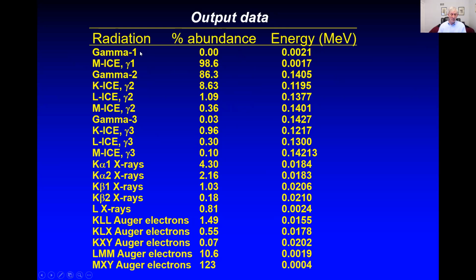We have gamma 1 and an internal conversion electron associated with gamma 1. We have gamma 2 and 3 internal conversion electrons associated with gamma 2. Then we have gamma 3, which has 3 more ICEs. And then we have here 5 different characteristic X-rays coming from the K and L shell. And how do we know they're characteristic? Because over here in column 3, there is a finite energy associated with each one of those.